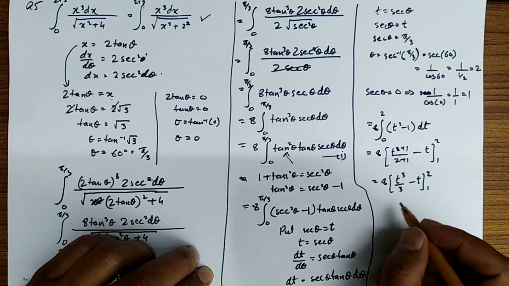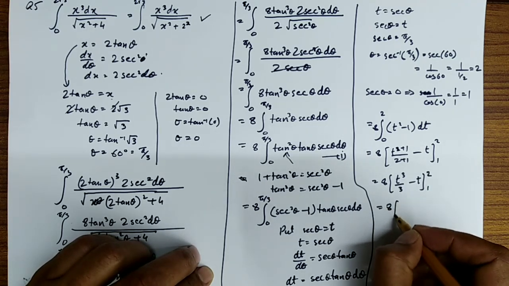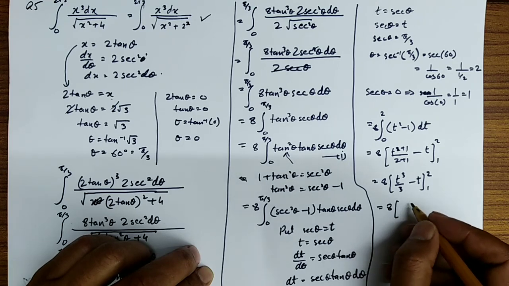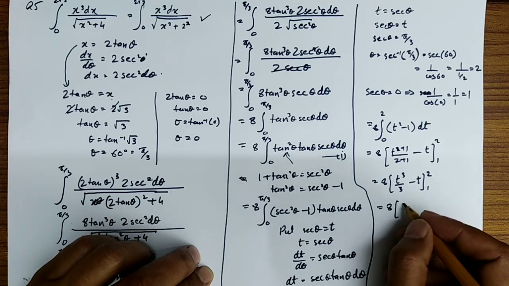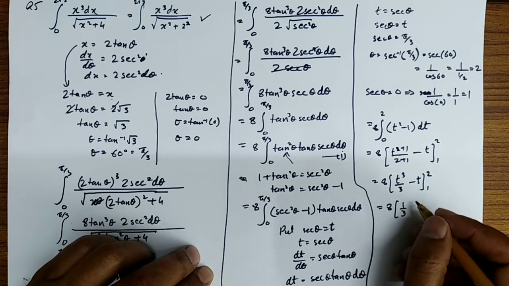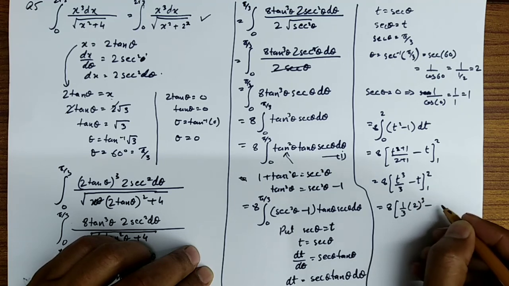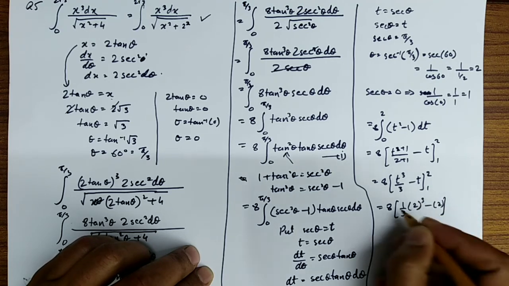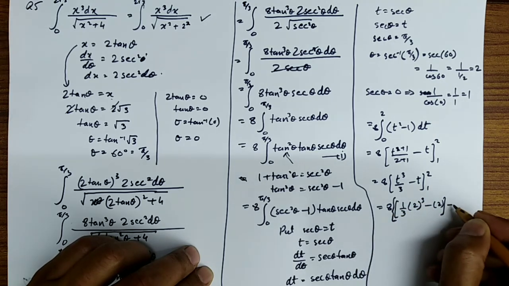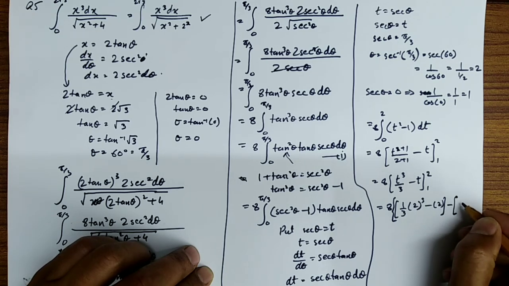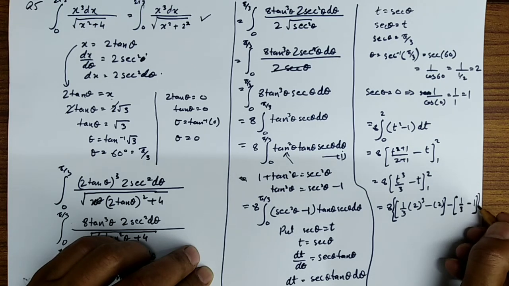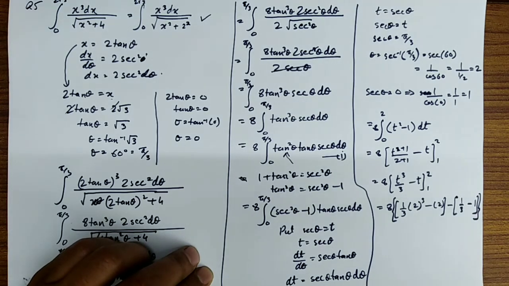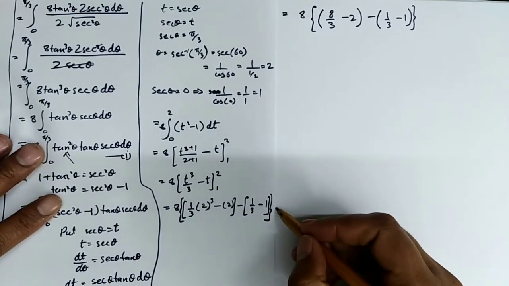Okay. So now substituting the values, that is 1 upon 3, what is t? t is 2, 2 cubed, minus 2, minus, putting the value 1, 1 upon 3 minus 1. So now simplifying this part, we got this part from this one.